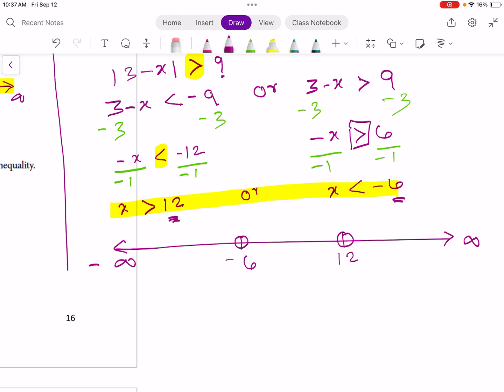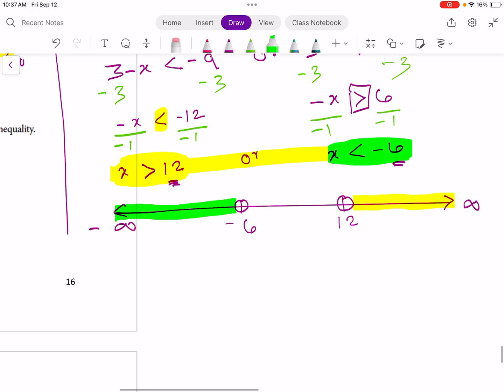Now where do we find a number which is greater than 12? It's on the right side, right? So this is one solution. Next, where do we find a number less than -6? It's on the left of -6. So this green region and yellow region are the solution.